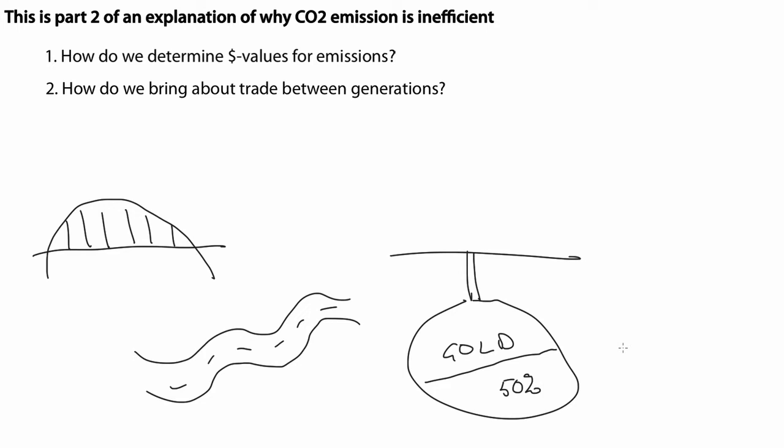Now, if we were going to leave, for instance, 50% of the gold to future generations, and what we want to do to bring about trade between the generations is to somehow transfer resources from the future to the present, then we can simply use up more of the gold.